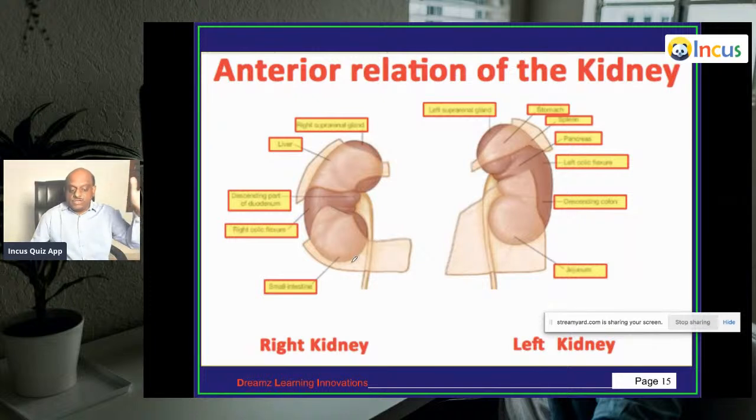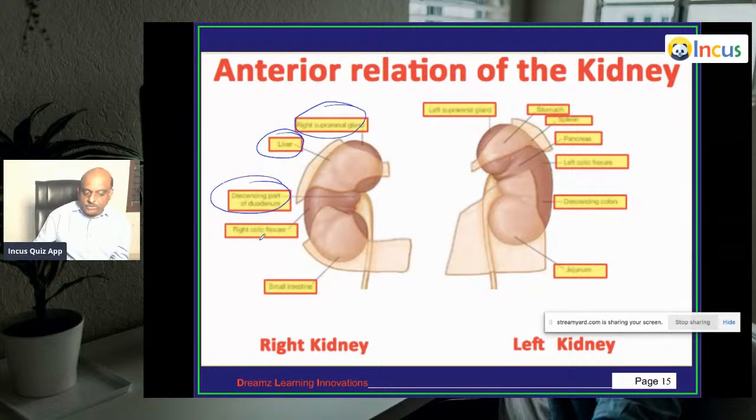Now, what are the relationships of the kidney? So the right kidney, if you look, has the right suprarenal, liver, descending part of duodenum, then right colic flexure and small intestine. They're all anterior to the right kidney.